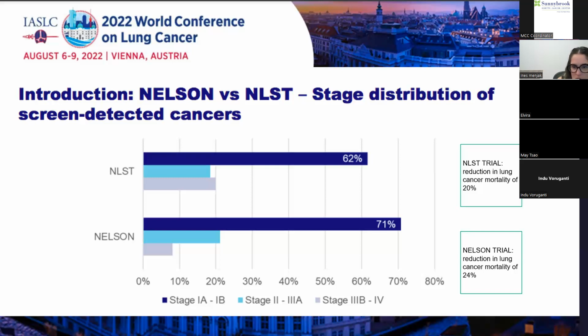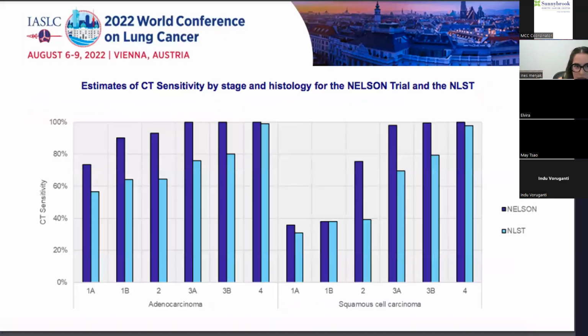The Nelson trial showed a reduction in lung cancer mortality of 24%, and the NLST trial a reduction of 20%. This study aims to evaluate how the sensitivity of the CT scan with the nodule management protocol can affect results in terms of stage and also histology.